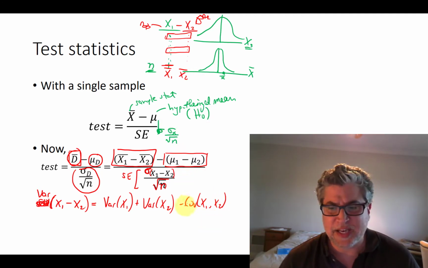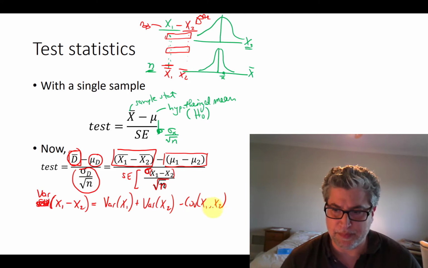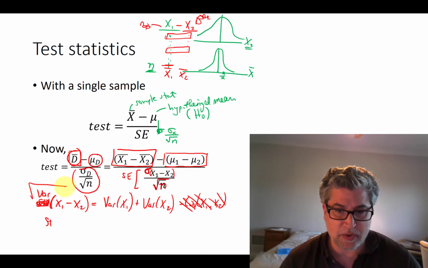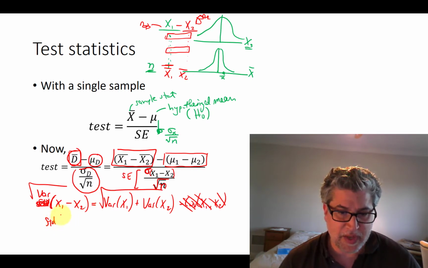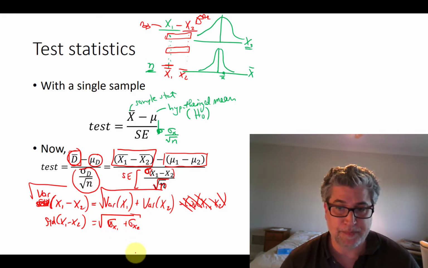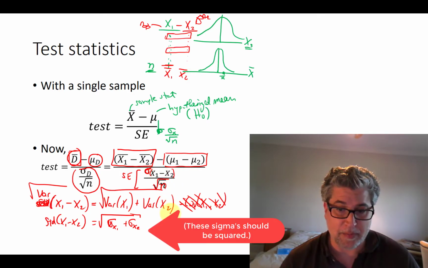But the way this thing is set up, there is no covariance between them. So that part cancels out. And then we just take the square root. So we take the square root of the variance there, square root over there. And so we get the standard deviation of the difference is equal to the square root of the variances of x1 and x2. And that's what we put here.